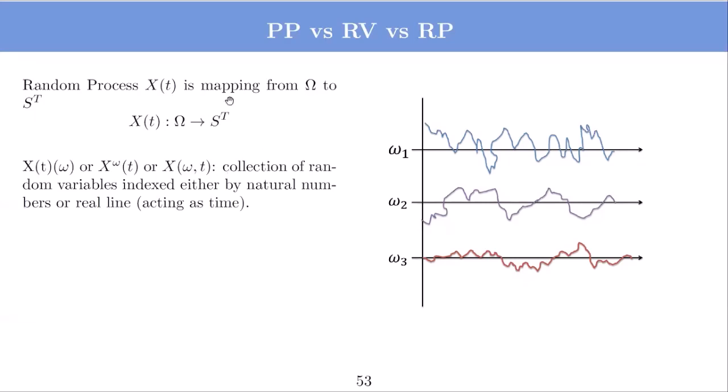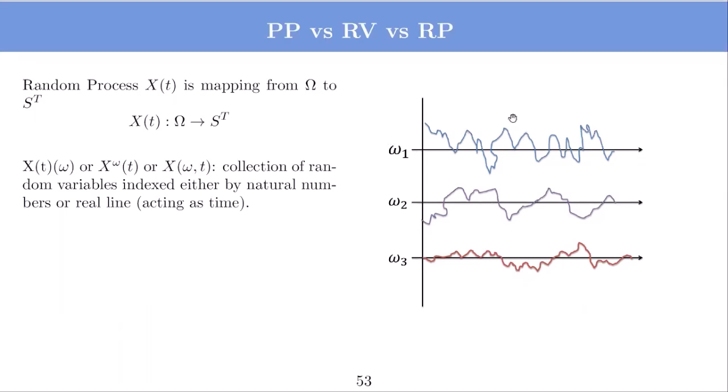When I say waveform, it means there is a continuous function of time or a discrete function of time. So instead of one value, you have a complete waveform in time. So every outcome gives you one waveform. You can see here there are 3 outcomes, and each outcome, when it happens, you see one particular realization of the signal.